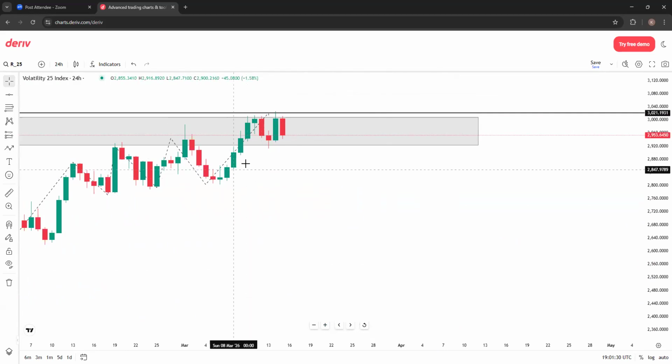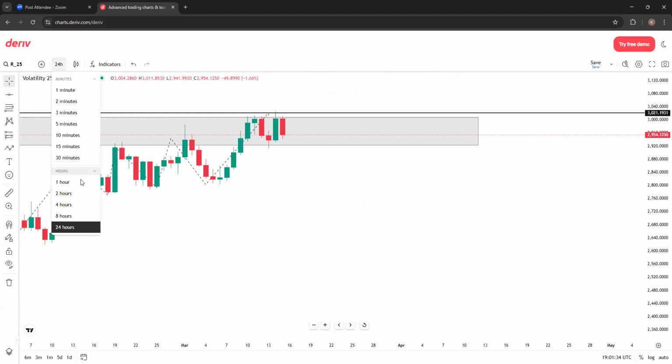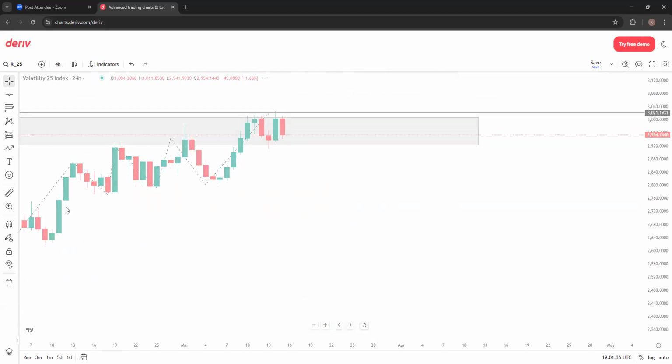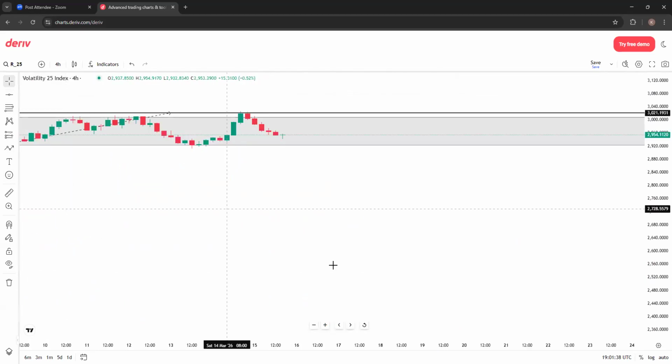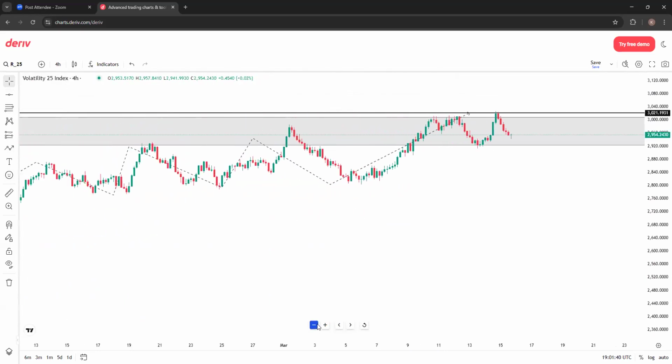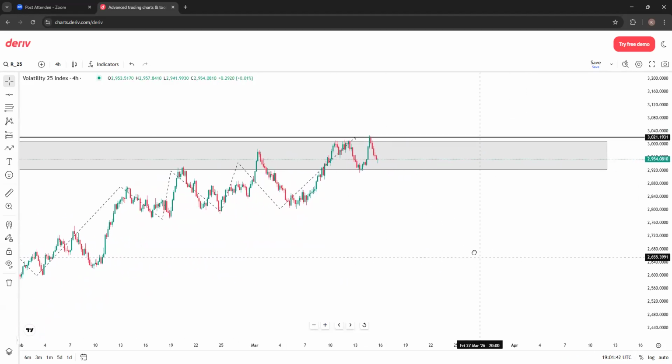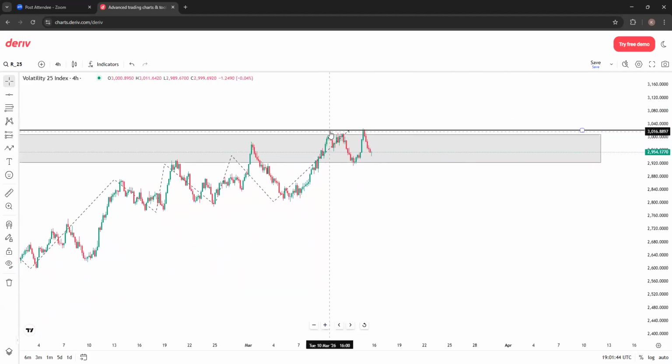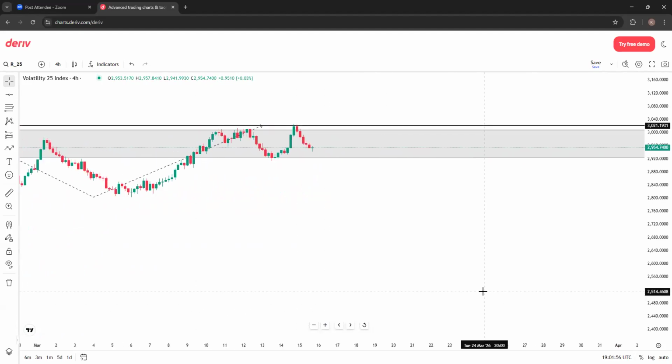We haven't confirmed a downtrend yet. But at this point in time, I would like to go to my smaller time frame like H4. What do we see in H4? H4 hasn't given us any form of break of structure or downside momentum. So in our H4, we still continue being in a bullish market, right?